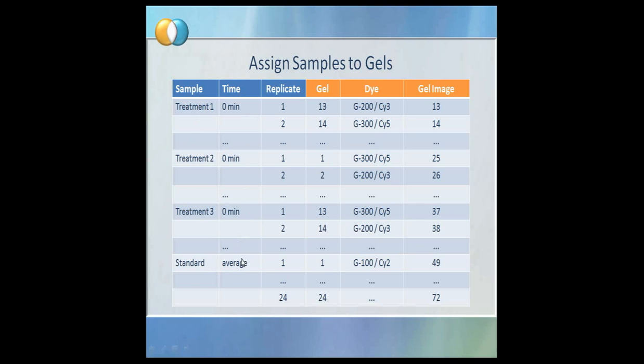This needs to be sufficient in amount for all the 24 gels, since we have to add the standard to all these labeled with the G100 dye, or Cy2, Cy3, Cy5 using GE dyes. In total we will get 48 images for the 48 samples plus 24 images for the standard samples.